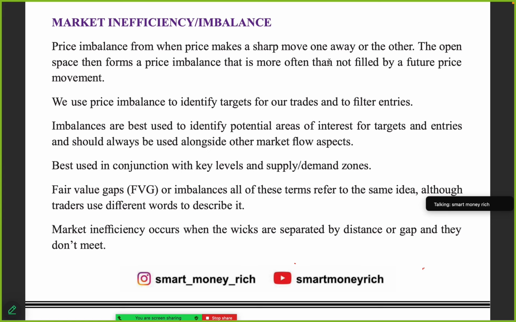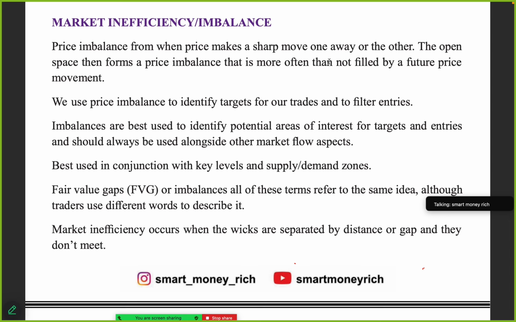Sorry about this guys, it was supposed to be forms, not from. That sharp movement is an impulsive movement. That impulsive movement happens when the smart money traders are taking their buys or sells from the order blocks. That's when you see that sharp market movement.